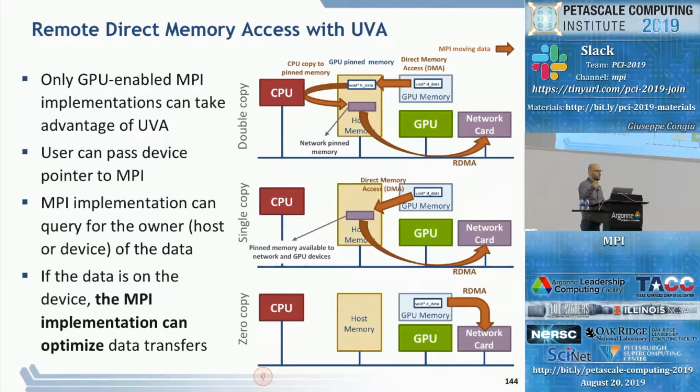So you have your GPU pointer, you pass it to MPI, and MPI can query whether the physical memory for that pointer is on a host or a GPU. And if the data is on the GPU, the MPI implementation can optimize the data transfer.